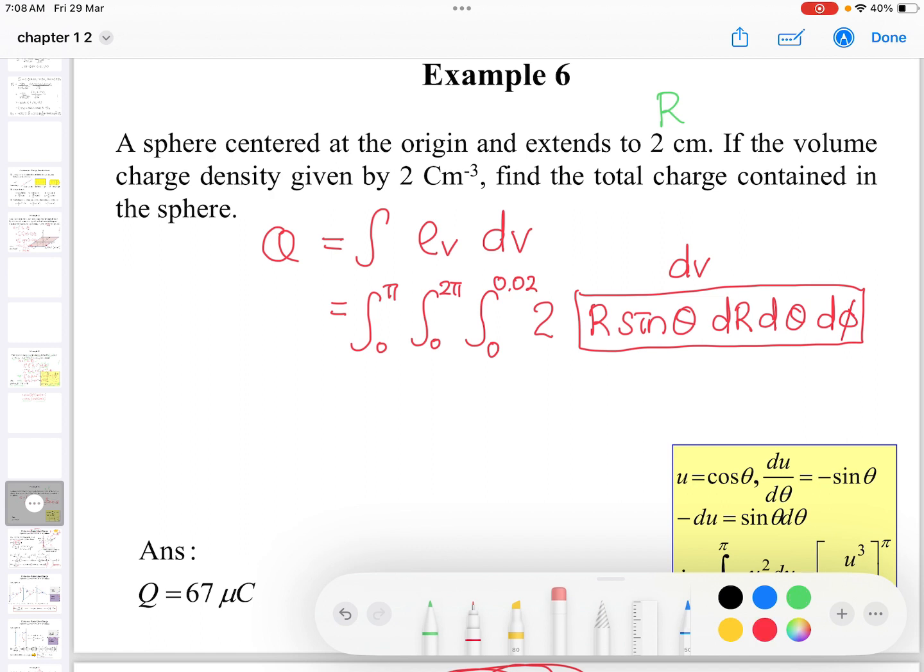The volume charge density is given by this one. Find the total charge.